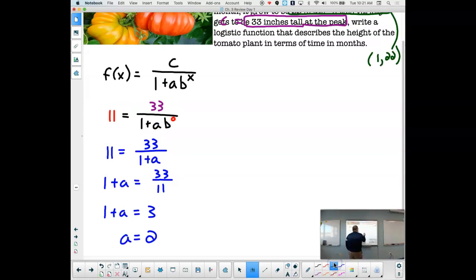So now that's going to be 22 is equal to 33 over 1 plus 2b to the first power.